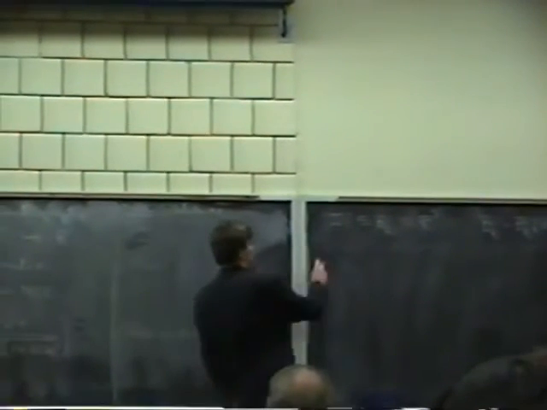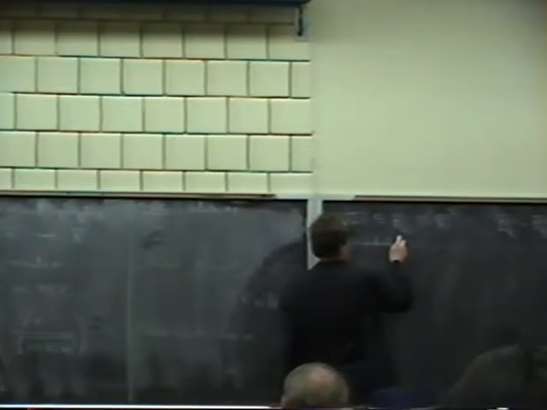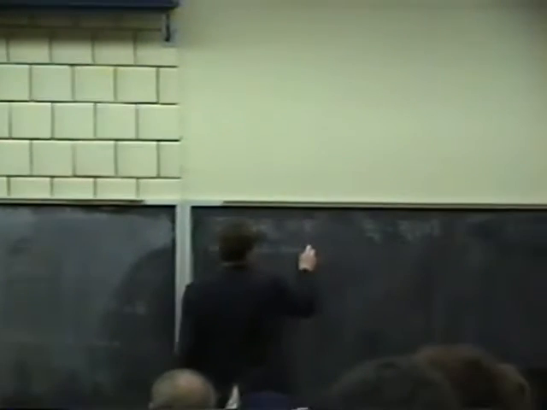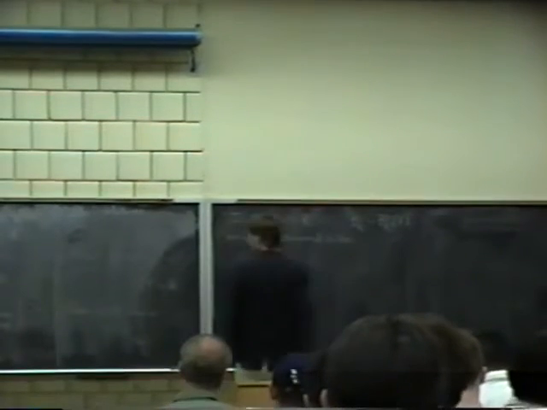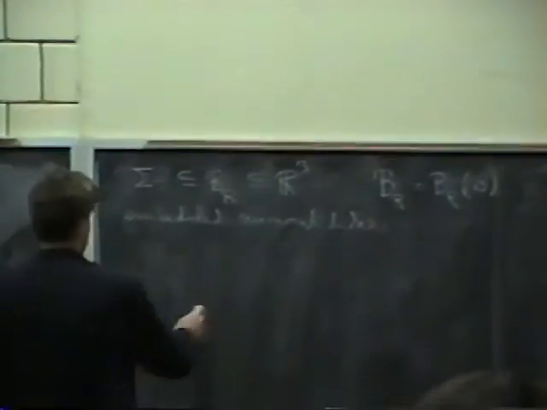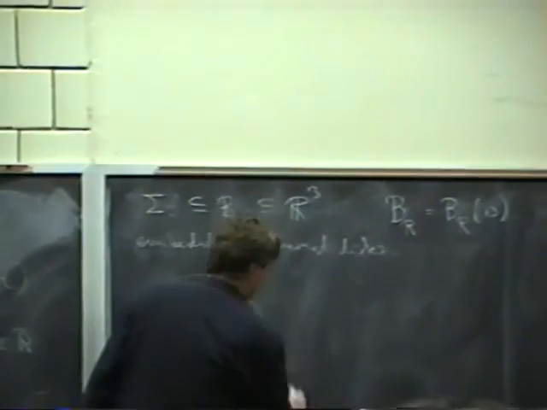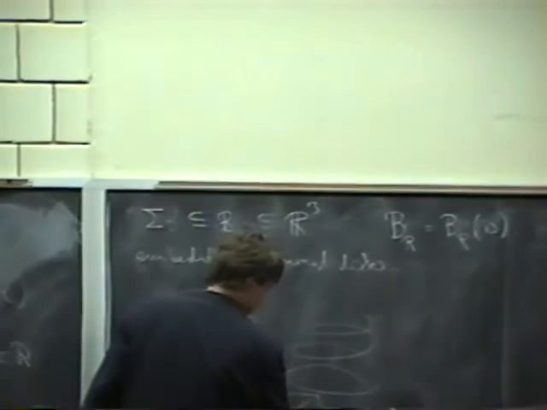So suppose you have a sequence of embedded minimal disks. If you're looking at the helicoid, we have this double spiral staircase, through these lines.